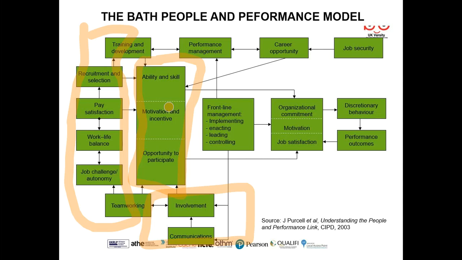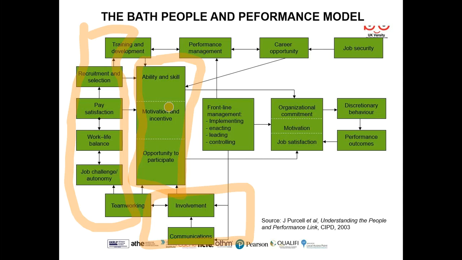So again, you can have somebody who's highly skilled and able, who is very motivated, but the nature of the job and the style of leadership and management doesn't give the person the opportunity to contribute. You'll find this a lot. Employees may have innovative ideas, but the organization just doesn't listen. Employees may feel very motivated and able to contribute in a different project or job role, but they are restricted to their current job role, current project.